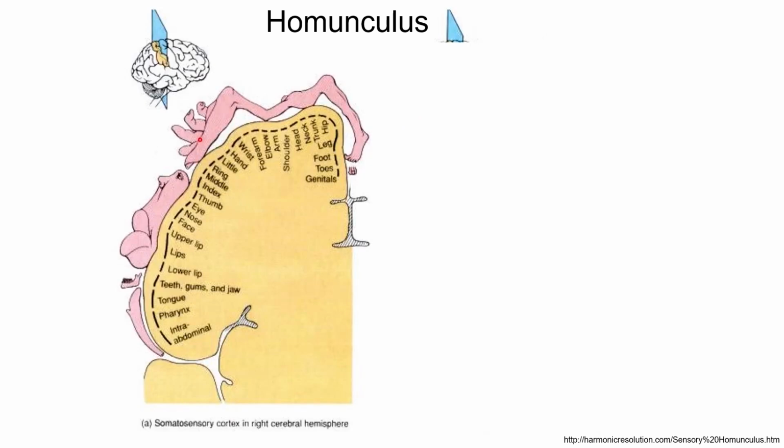So we can look at this mapping from the somatosensory cortex to different parts of the body. And this is what it looks like. Just to recall, this is the brain, this is the front part of the brain. The somatosensory cortex is located in this strip in the parietal lobe. If we take a coronal section through the brain passing through the somatosensory cortex, this is the image that we would get. This is one half of the image showing one hemisphere of the brain.